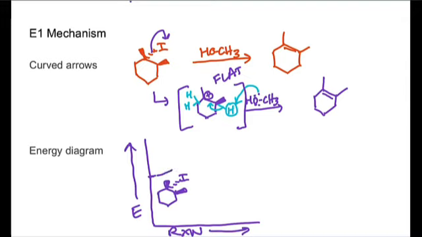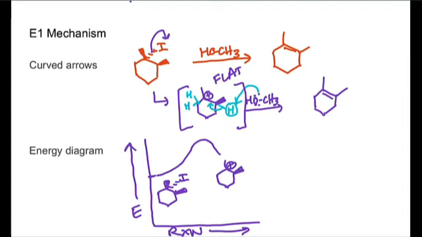And of course, energy is going to increase as the carbocation forms, in other words, as the iodine starts to detach from the molecule. And then at some point, it's going to form a stabilized intermediate. That's our carbocation right there, stabilized by the polar protic solvent system.